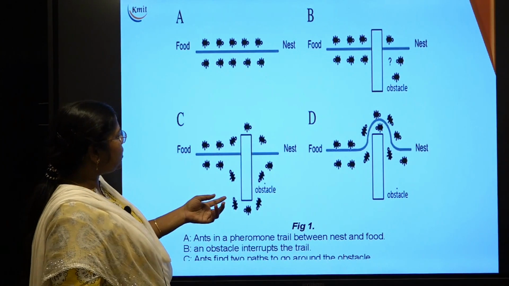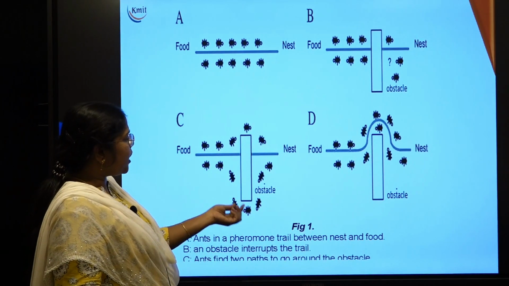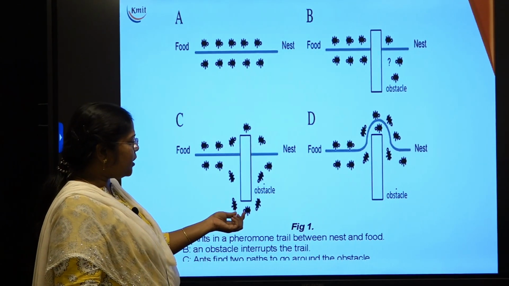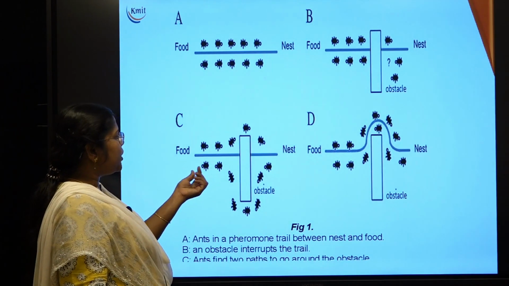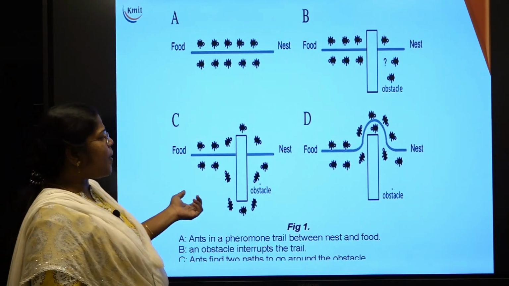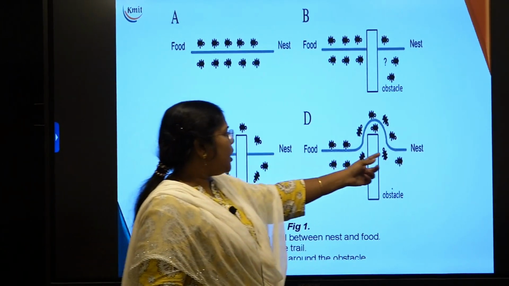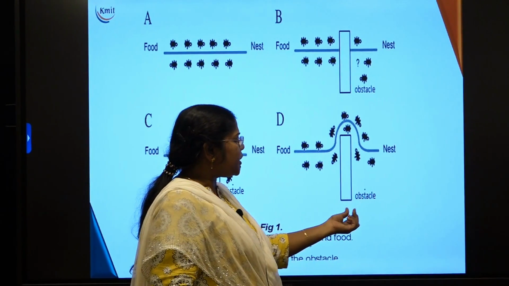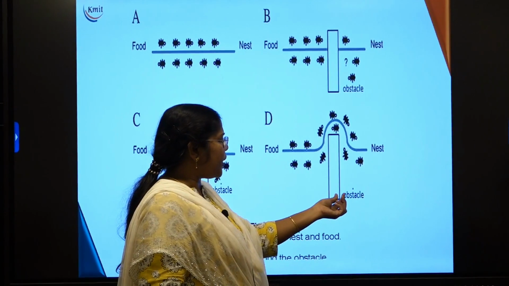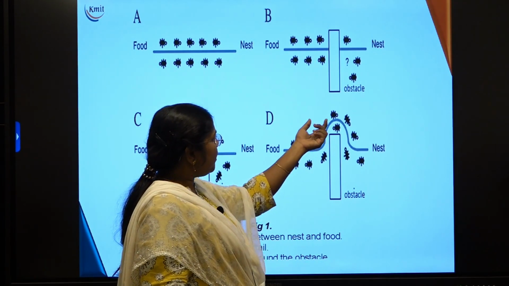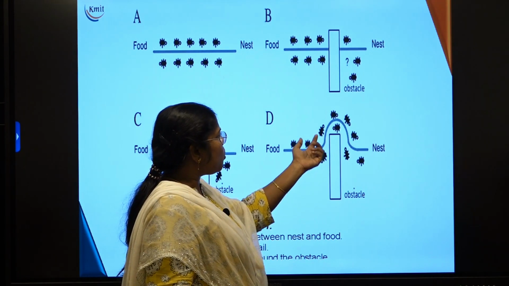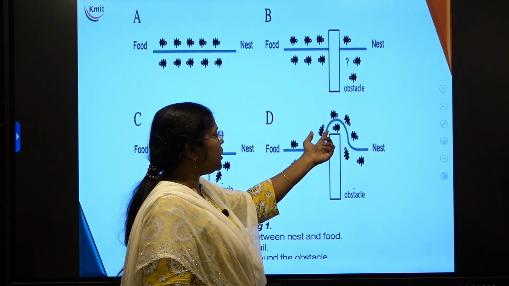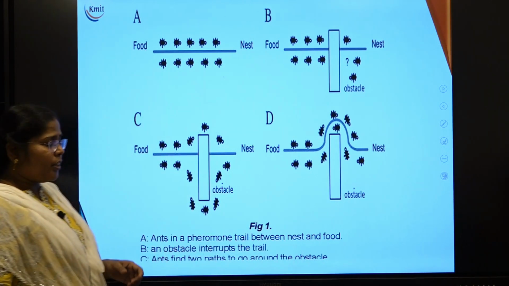So, once the obstacle is detected and the pheromone is secreted by the ants, again they start moving towards here. In the return path, the evaporation time of the secreted pheromone is more, and that is why they have taken the pheromone concentration is more from this side, that is why they have taken the shortest path.